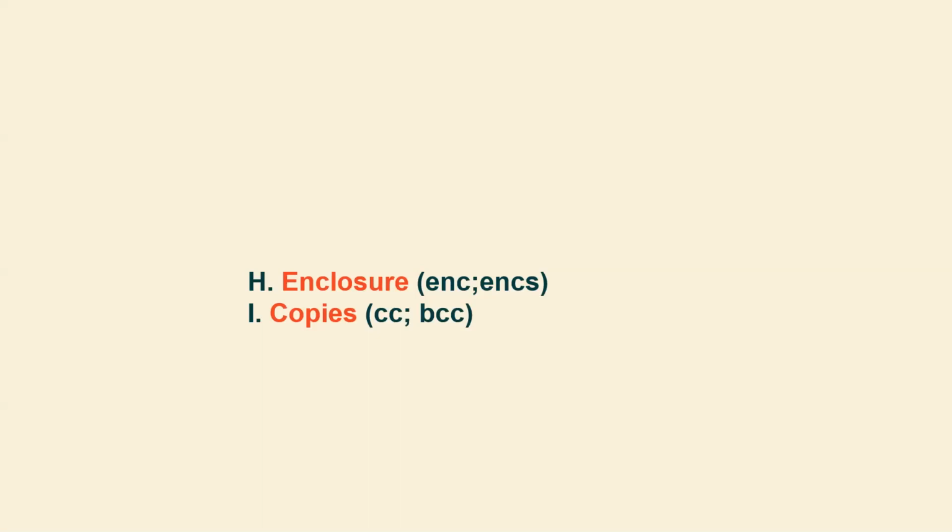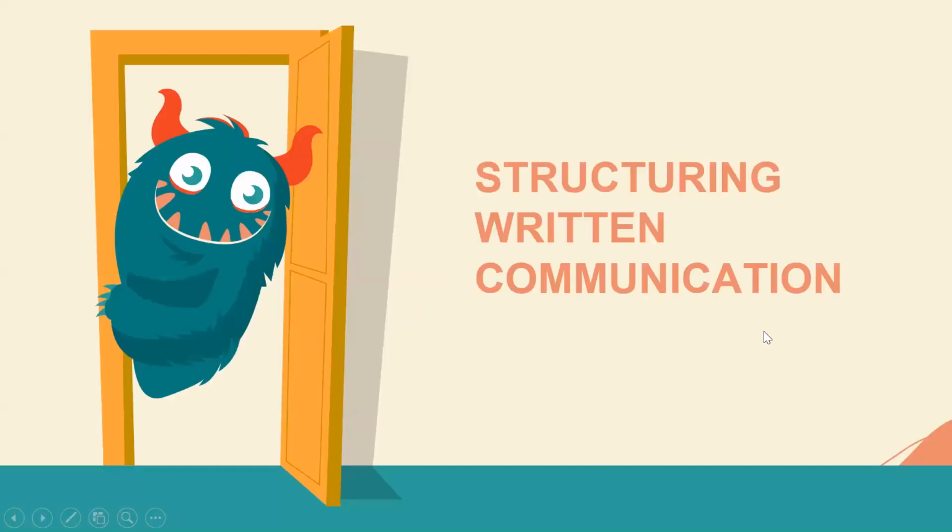But if you write BCC, it means the writer doesn't want the recipient to know the third party who is also receiving the letter. So BCC, blind copy circulated. That's our explanation about parts of a business letter.